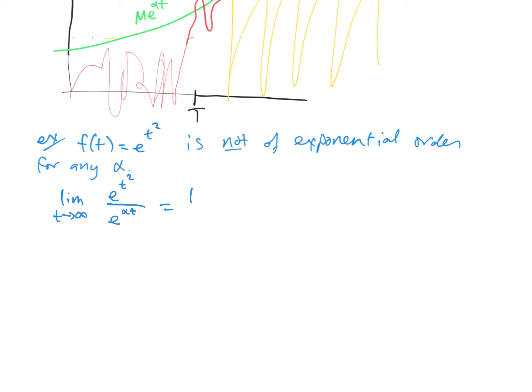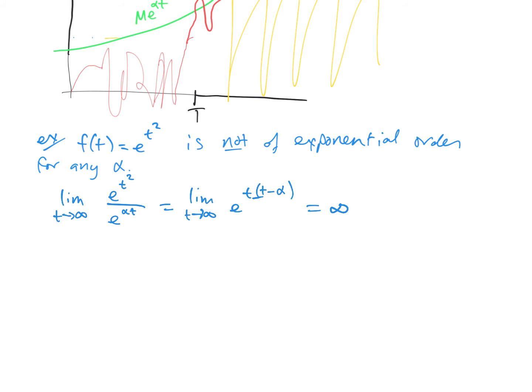And this, we can subtract the exponents, and we get e to the t times t minus alpha, right? Because that's t squared minus alpha t. And this limit equals infinity, because no matter what alpha is, this will always be bigger. You'll always get that t squared.